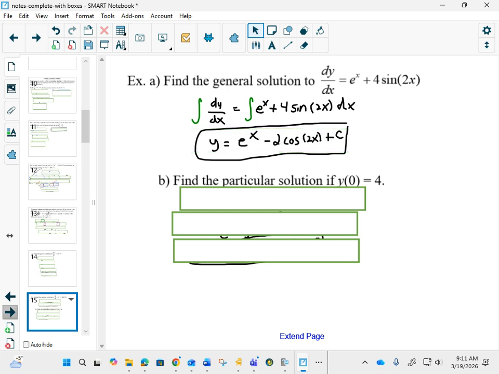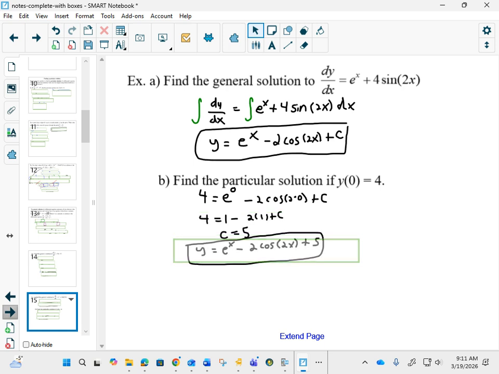When we do the integral of the other side, the general solution would have your plus c. A particular solution means you solve for c. So here, we can plug in 0, plug in 4, solve for c, and rewrite the equation with that value of c.